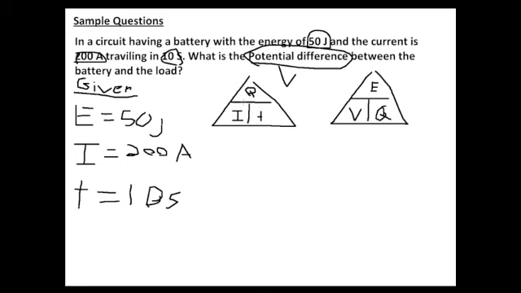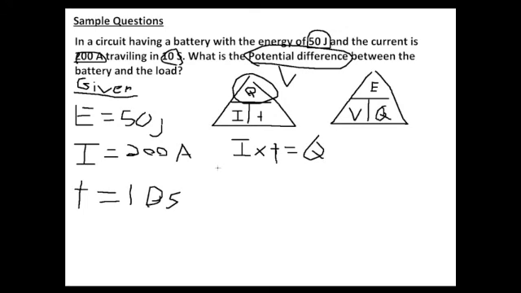But we can find out the charge by multiplying I by T. So I times T equals Q, which is the charge.